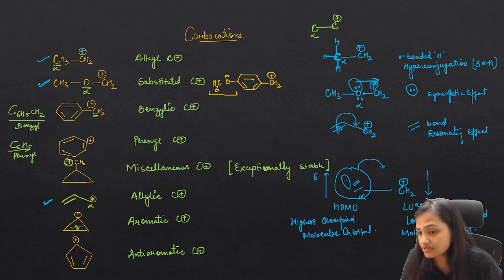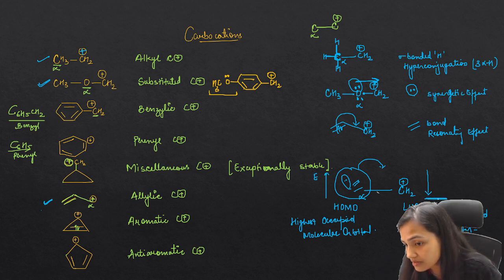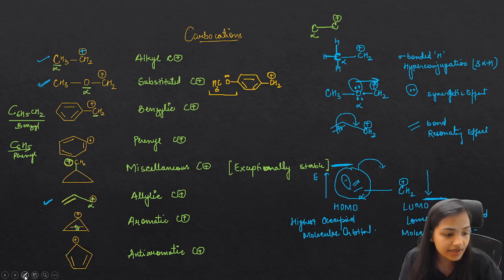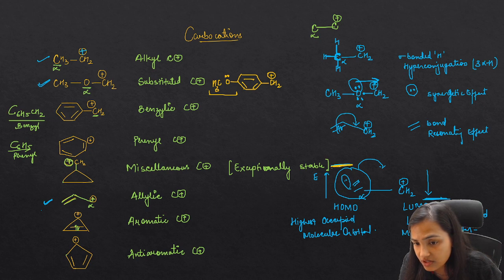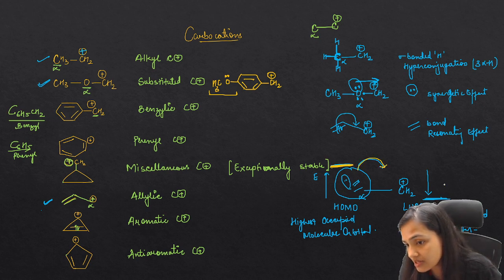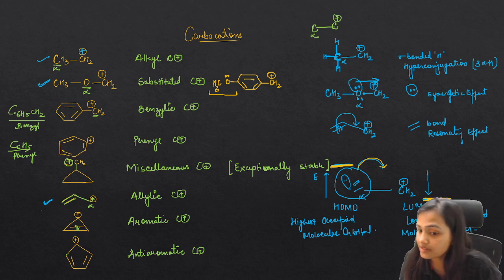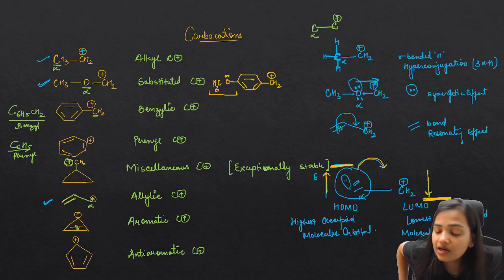Okay, its energy has to be lower. So this must be here and this must be here. If I'm talking about their energy states, this must be high in energy. Any species giving its electron pair must be higher in energy, and any species asking for the electron has to be lower in energy. So this is HOMO, the energy is the highest, and here the energy is the lowest. Then only the stability will occur.